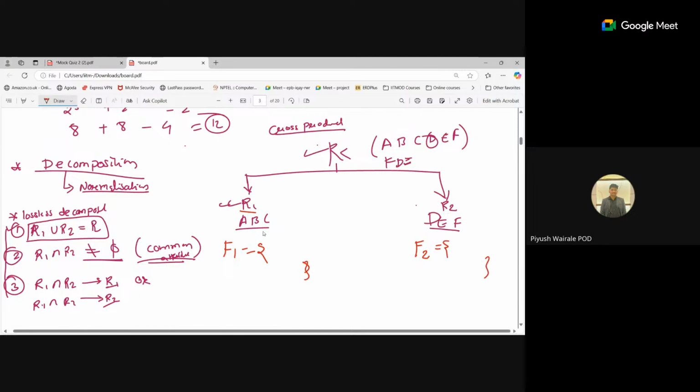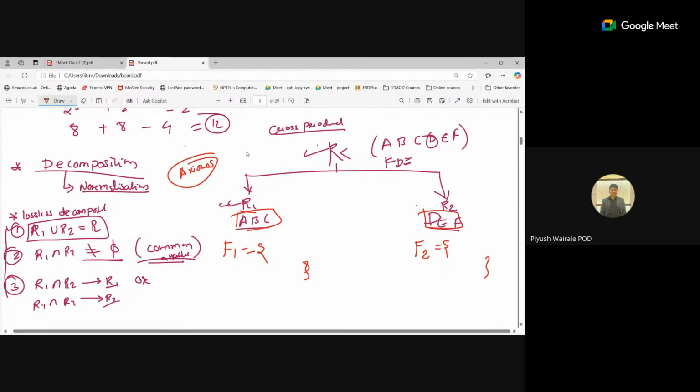First, write down the functional dependencies directly from the relation itself. Then, apply the Armstrong axioms, which we have discussed in the slides, right?